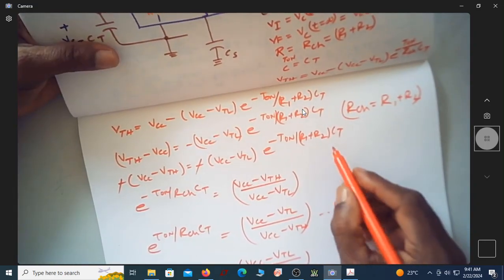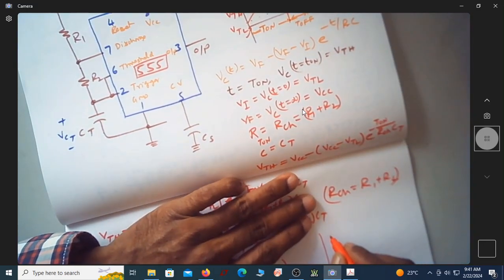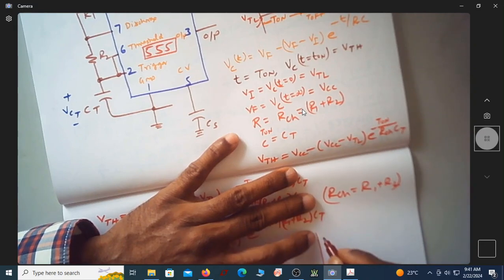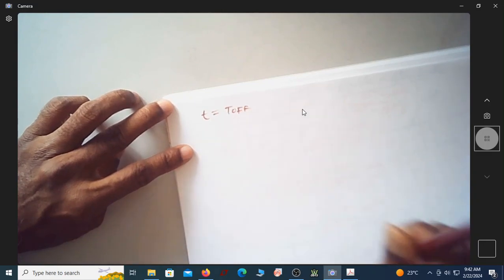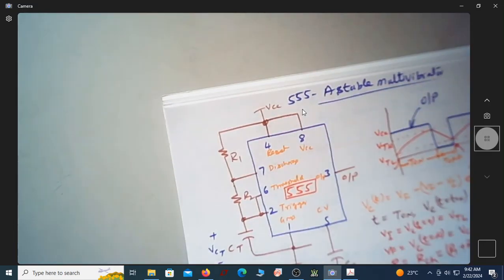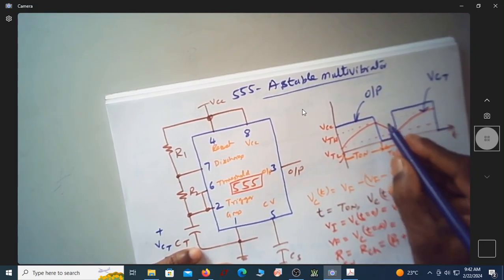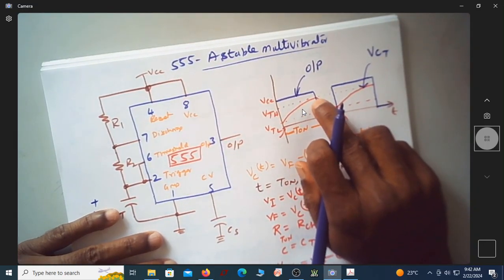On the same lines, I can try this for T off. Let us redo that also. So for T off, suppose you consider this as your T off time. At t equal to 0 for T off, is this not equal to VTH?